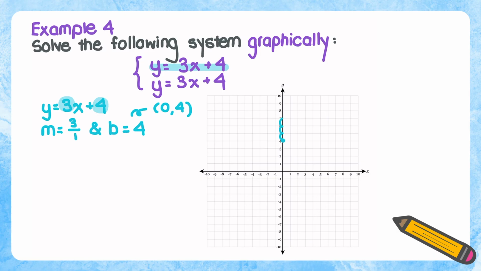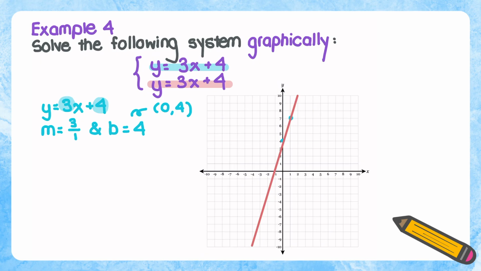I graph this. The slope is 3. Connect the points, and I have my line. So this is the line of the first equation. But notice when you look at the second equation, it's literally the same exact thing. So the line is going to be the exact same.